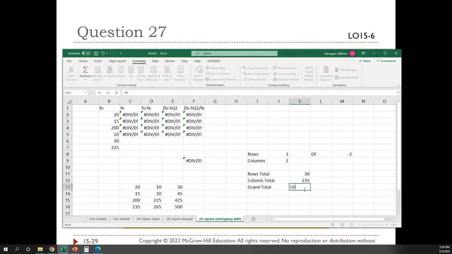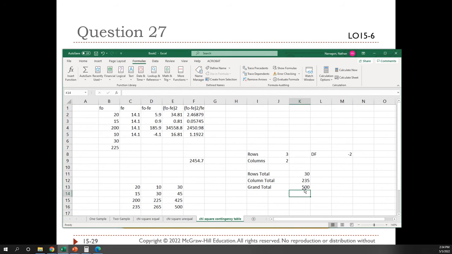Alright, so we're looking at 500. Okay, so sorry. So that's for sample 1. So this is basically for undercharge.